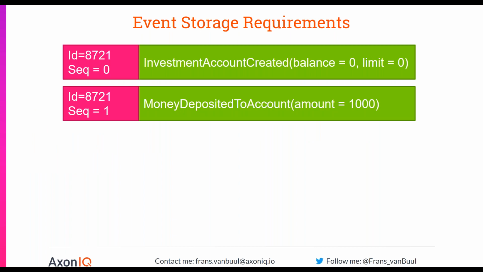Another requirement. I created this example as an investment account. So you can have some shares in this account or other securities, as well as cash. So you may have a command to buy some shares given the cash that you have.